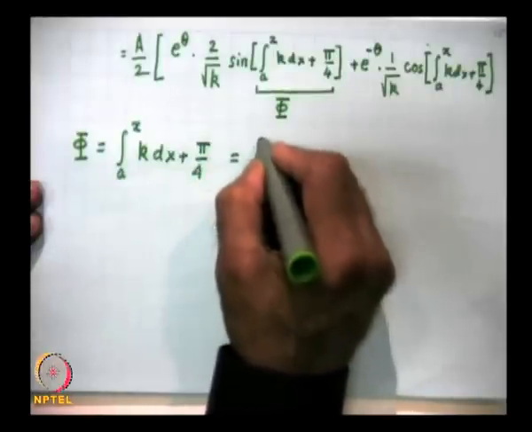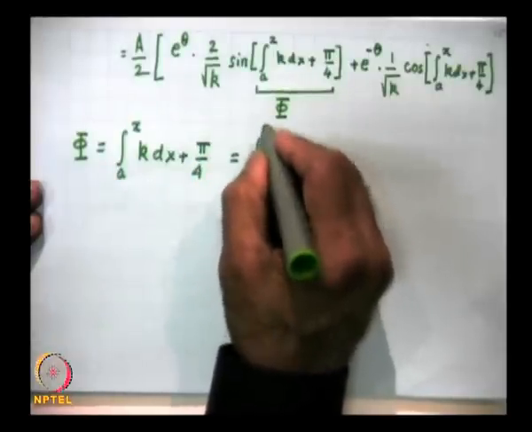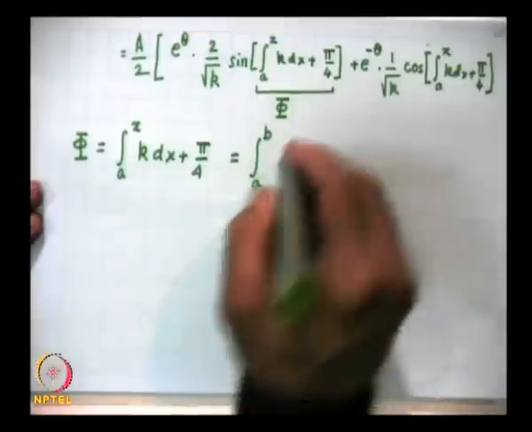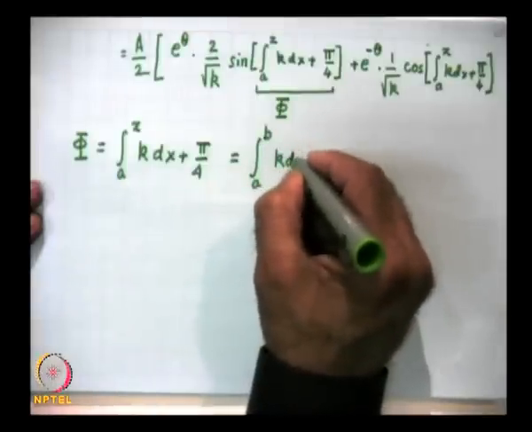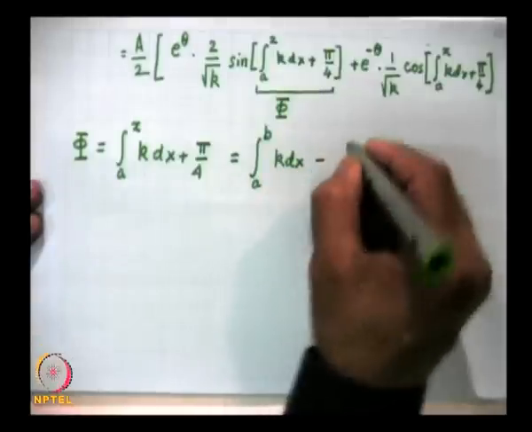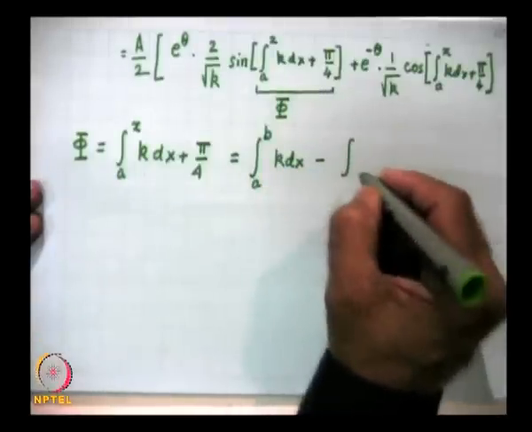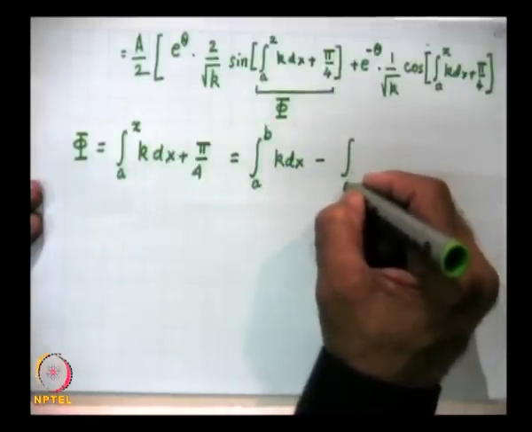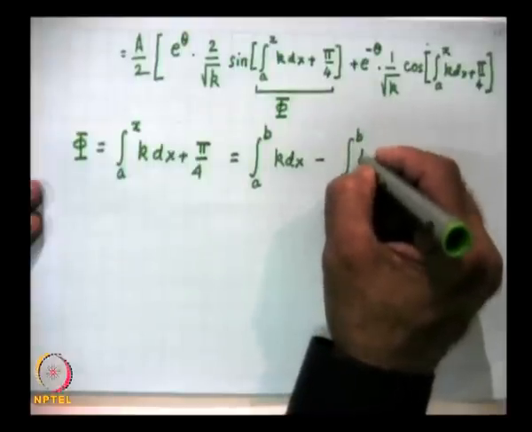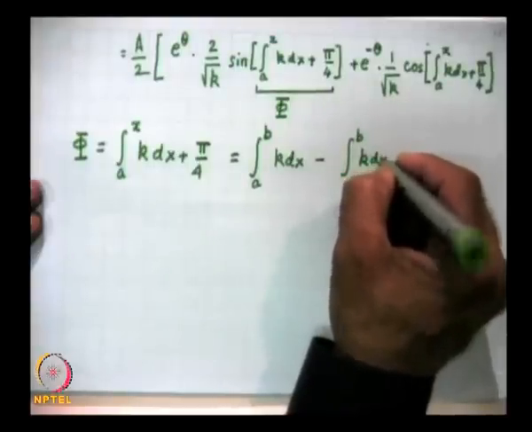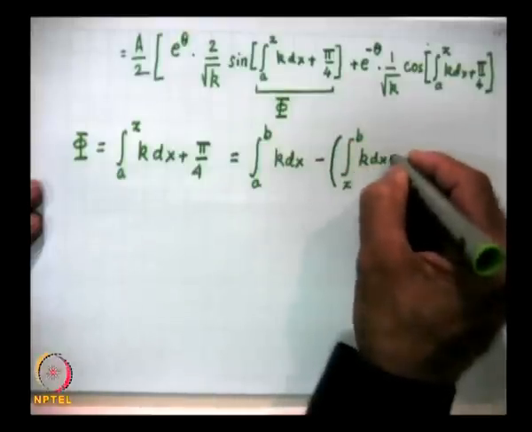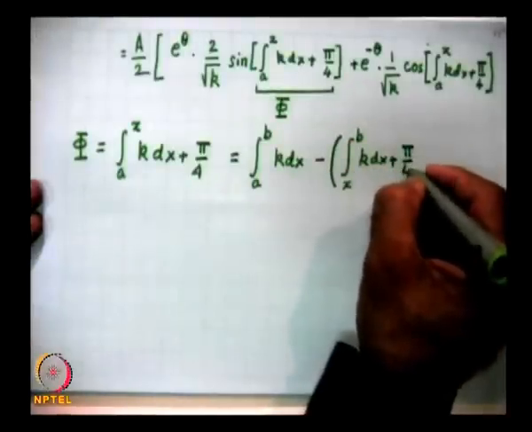So, I write it as, same trick, integral a to b k dx and then minus integral x to b k dx, and I must add pi by 4 because my connection formula has this pi by 4.